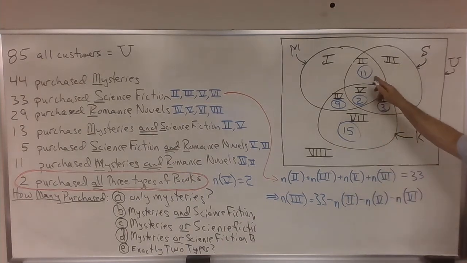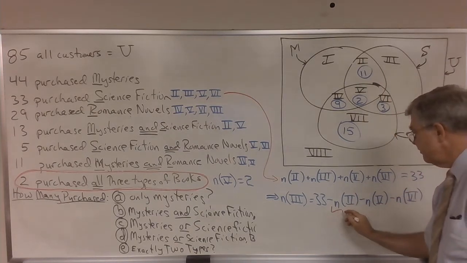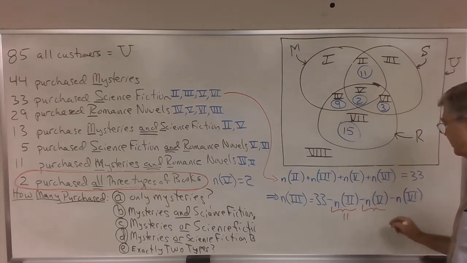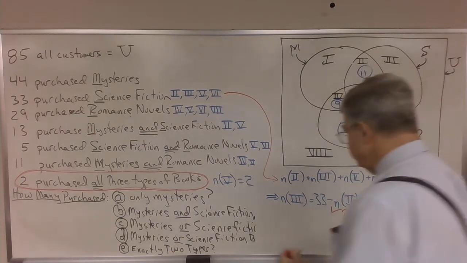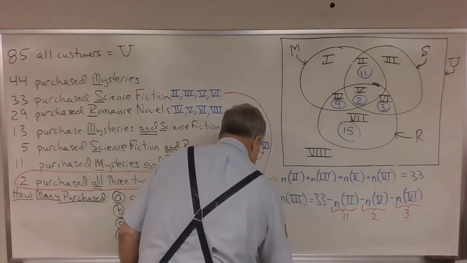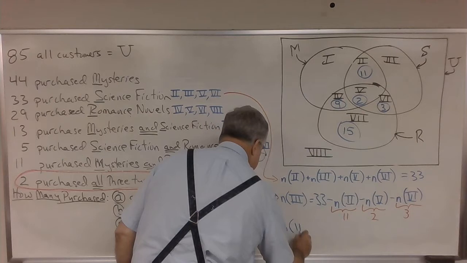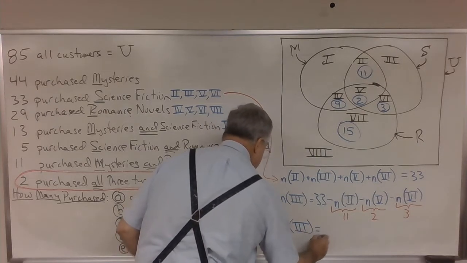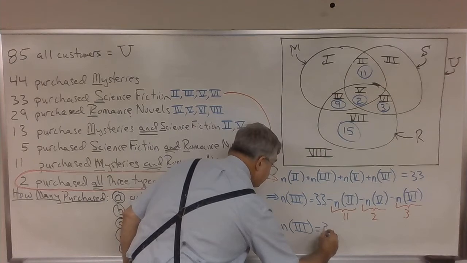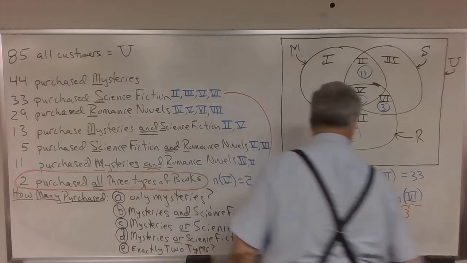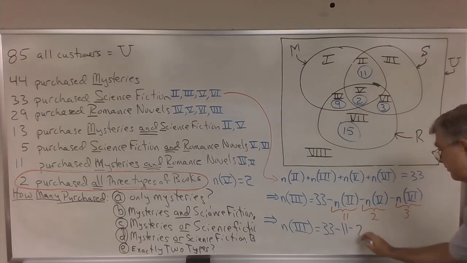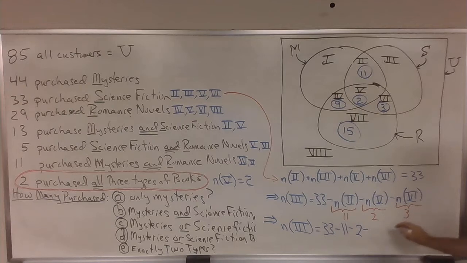Region 2, 11 people. Region 5, 2 people. Region 6, 3 people. So, number of people in region 3 equals 33 minus 11 minus 2 minus 3.